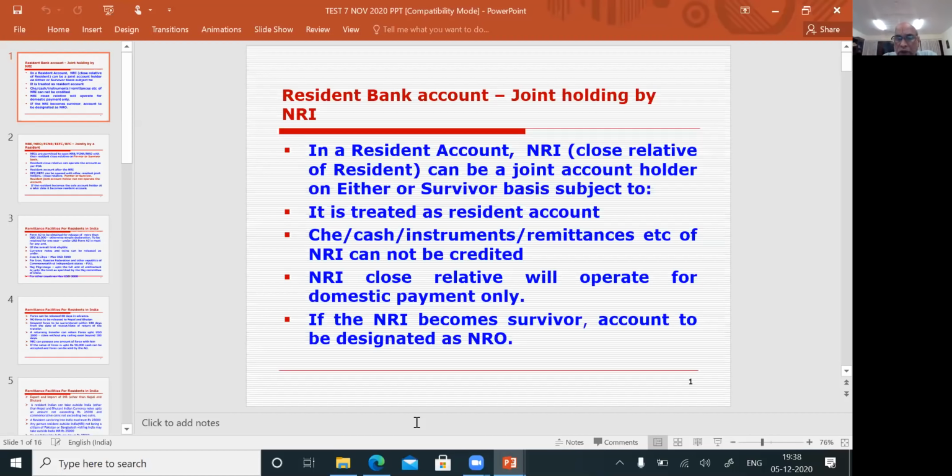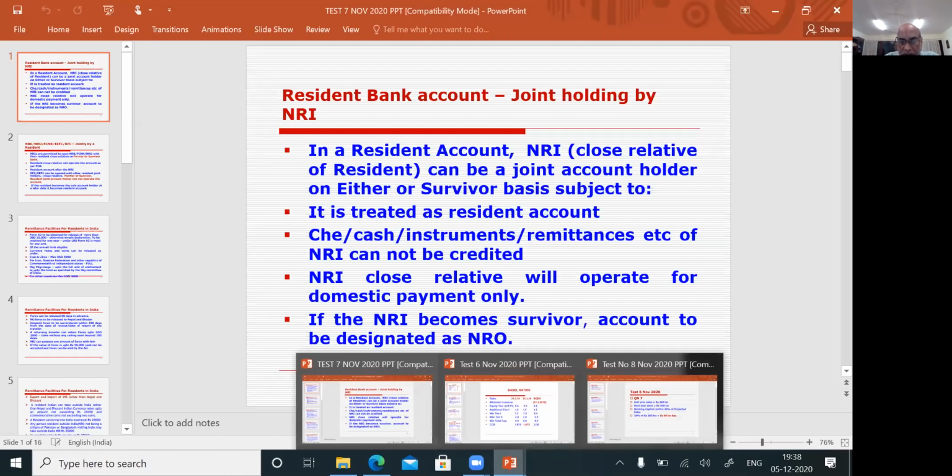The NRI close relative will operate it for domestic payments only, that is, for local domestic purposes only. Then if the NRI becomes the sole survivor, that is, something happens to the resident, the account will be treated as an NRO account. Okay, this is the condition. That is, in a resident account, you are adding a non-resident. Okay. Next question we will see.